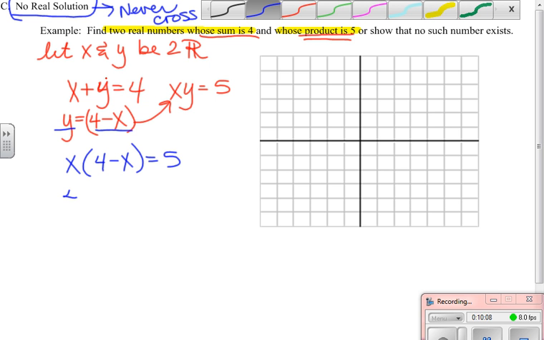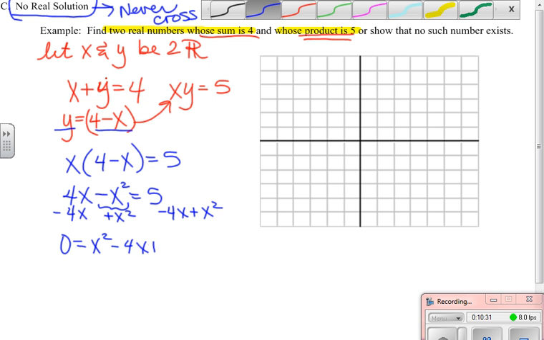Do your distributive property: 4x minus x squared equals 5. Put it in standard form. I don't like a negative x squared, so I'm going to move everything to the right. Negative coefficients on my x squared always make me nervous. So I have 0 is equal to x squared minus 4x plus 5.